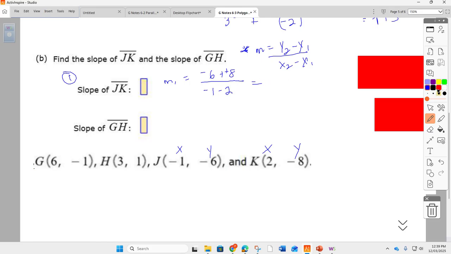So if we simplify that part, and remember, you could just do that on your calculator, 6 negative button minus 8 negative button, it'll tell you that's positive 2. Negative 1 minus 2 on your calculator, 1 negative button minus 2 negative button equals negative 3. We're going to move that negative out of the denominator, and we're going to say the slope of JK is negative 2/3.